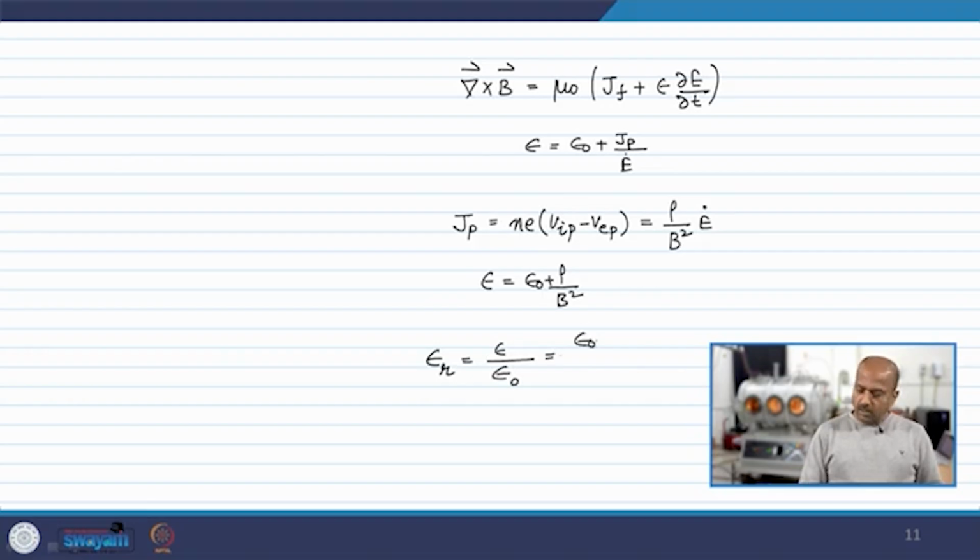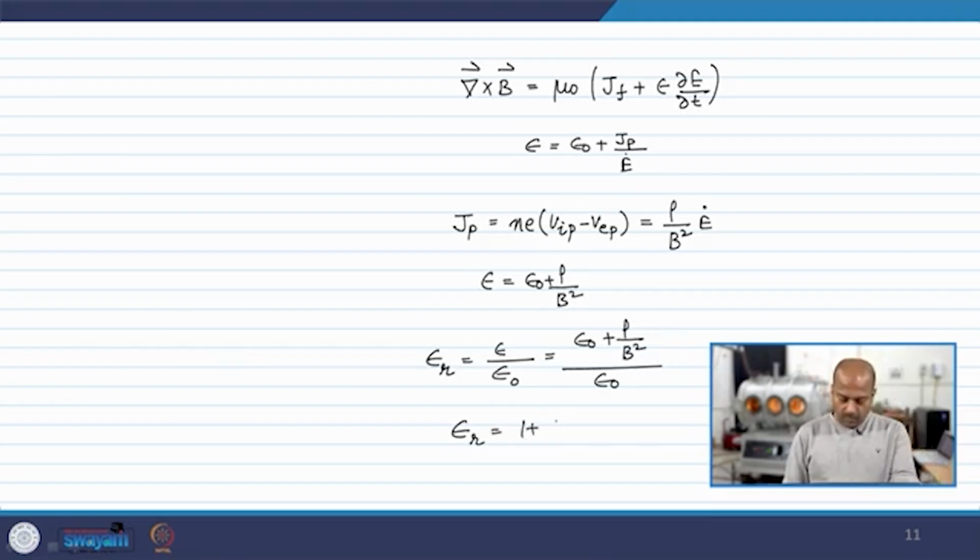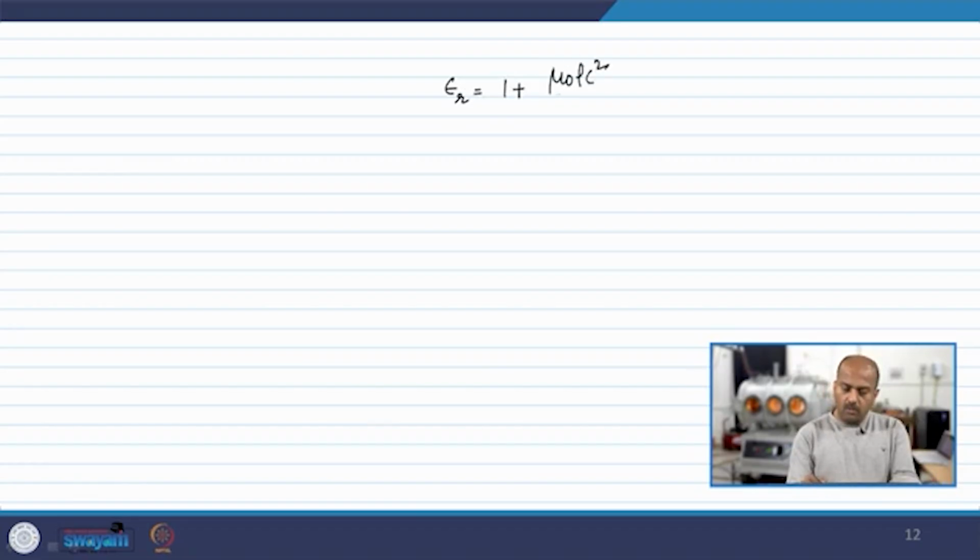We can write it as epsilon naught plus rho by B square divided by epsilon naught, or the relative permittivity is 1 plus rho by epsilon naught B square, which is 1 plus mu naught rho C square divided by B square, or epsilon r equals 1 plus mu naught rho C square by B square.